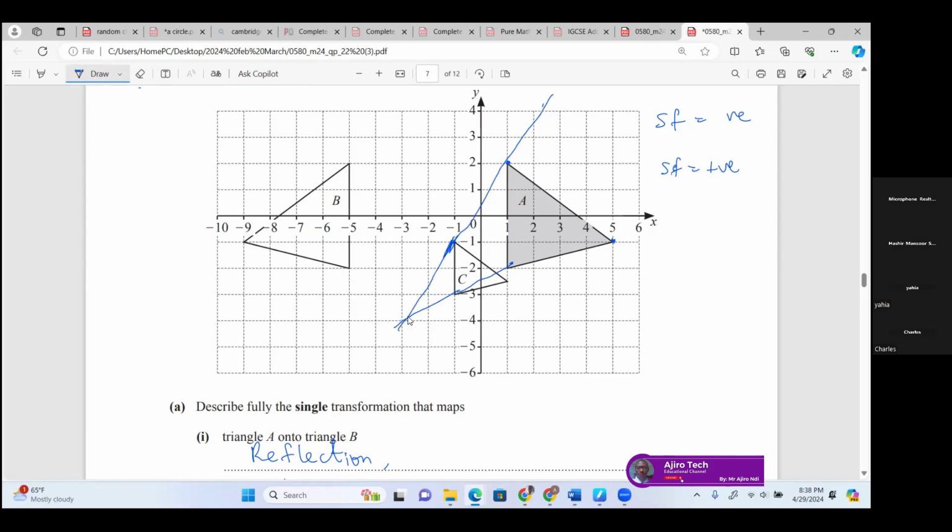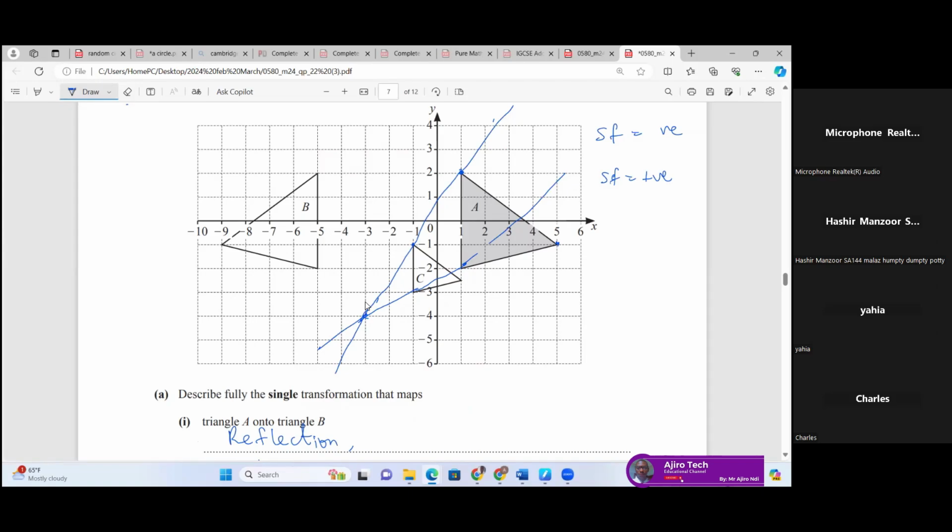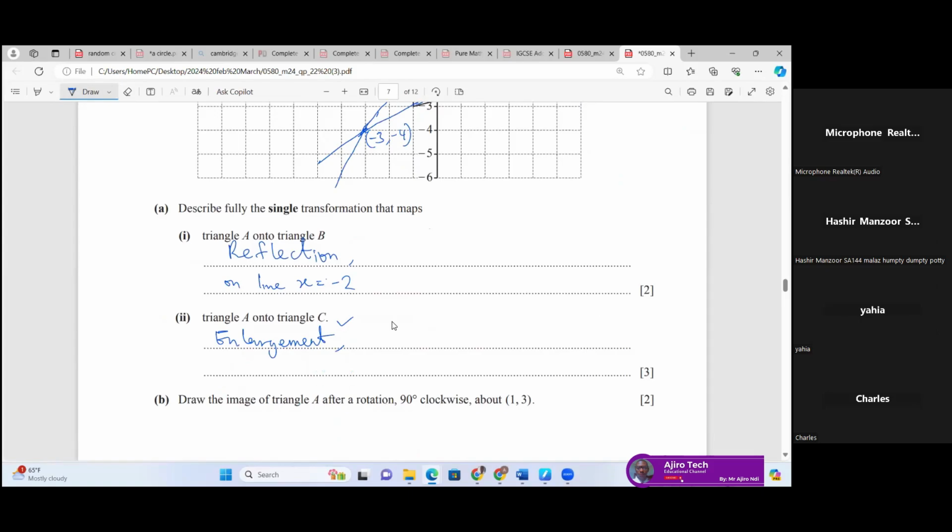When I join them, they meet around here. So this means my center of enlargement is at this point, minus 3 for x and minus 4 for y. So I'll say center (-3, -4).